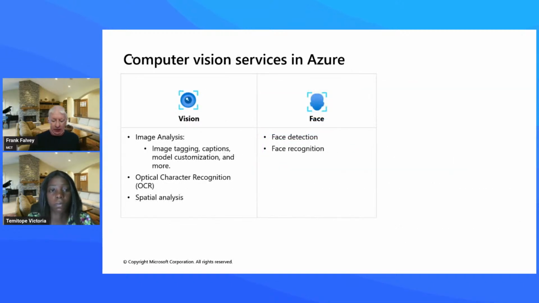So the computer vision service in Azure has all these things like image tagging, captions, custom models and more. And then you've got optical character recognition, which is OCR. Probably a lot of people saw a lot of that to do with scanners.